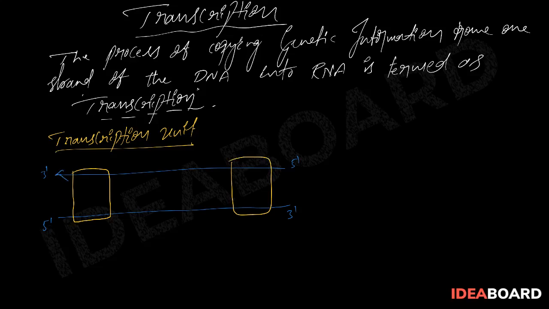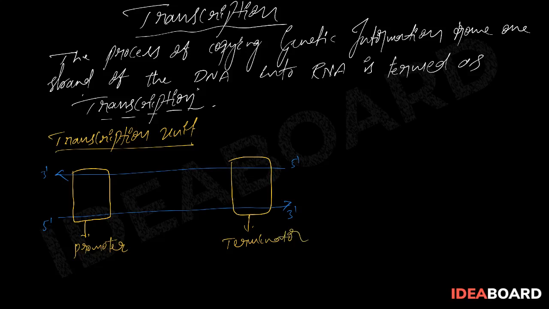As we mentioned, polymerization always takes place in the 5' to 3' direction. So this is a promoter, and this region is a terminator.